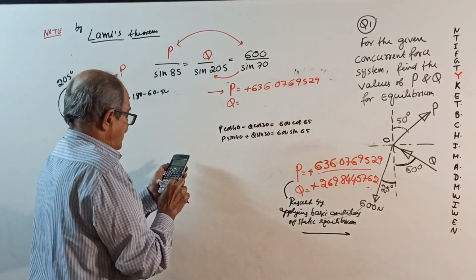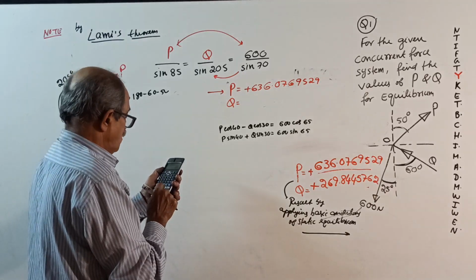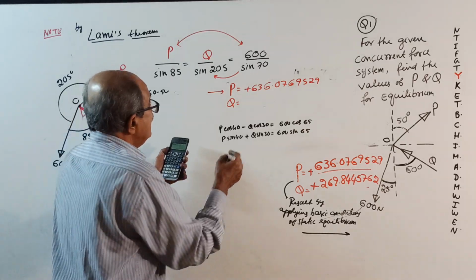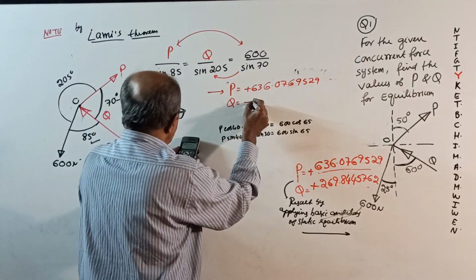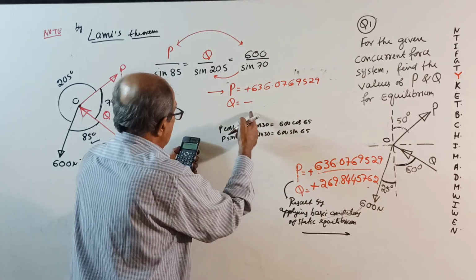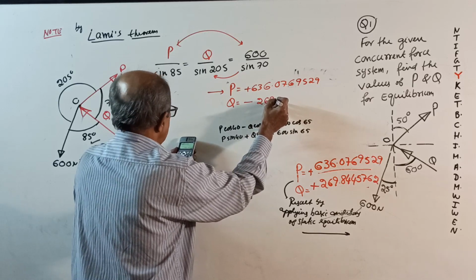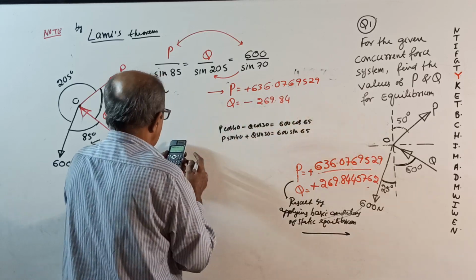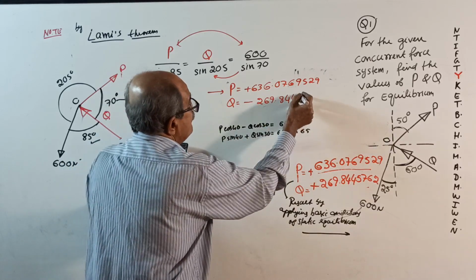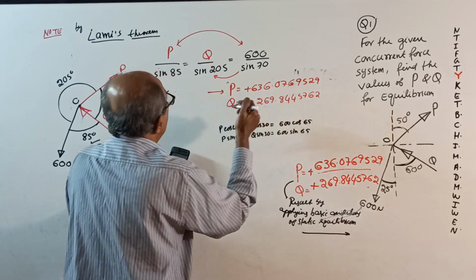And for Q, I will use these two equations. See, 600 divided by sine 70 multiplied by sine 205. I am getting plus there, but I am getting minus here, minus 269.8445762. How minus?